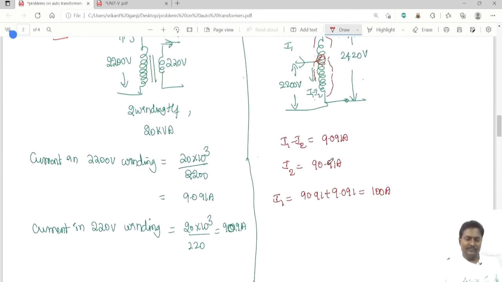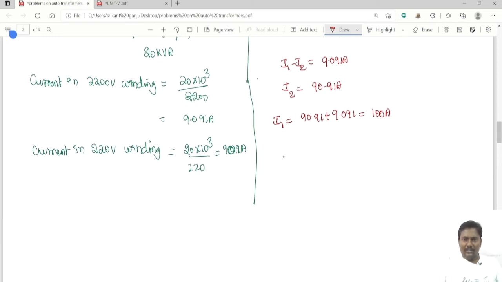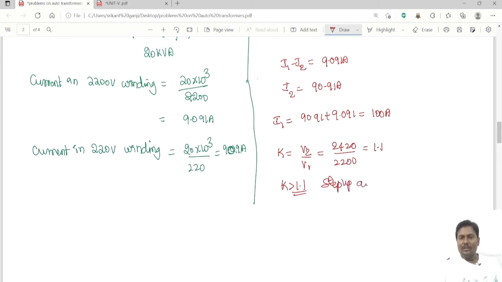Otherwise, if you have a doubt, first find the transformation ratio V2 by V1: 2420 by 2200, that should be equal to 1.11. If the K value is 1.11, we can say that it is a step up auto transformer.